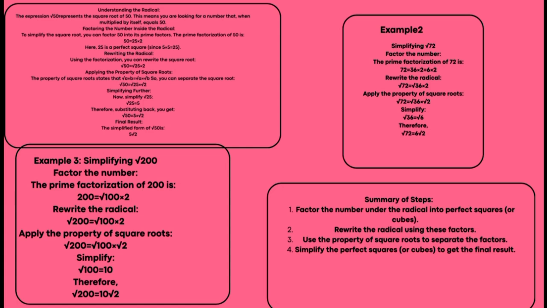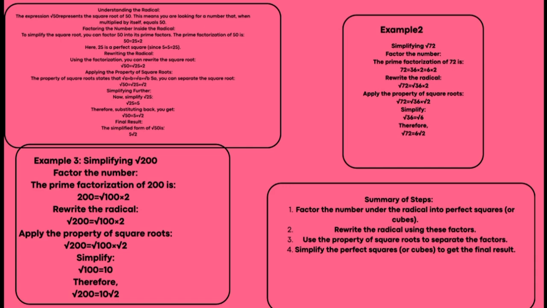Apply the property of square roots, which states that the square root of a times b equals the square root of a times the square root of b. It will give you the square root of 200 equals the square root of 100 times the square root of 2. Step 4. Simplify. Now simplify the square root of 100. Since the square root of 100 equals 10, you can substitute this back into the equation. It will give you the square root of 200 equals 10 times the square root of 2.